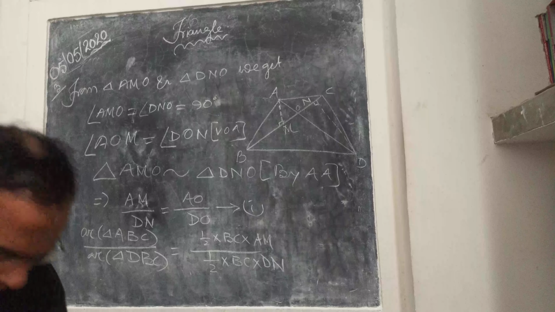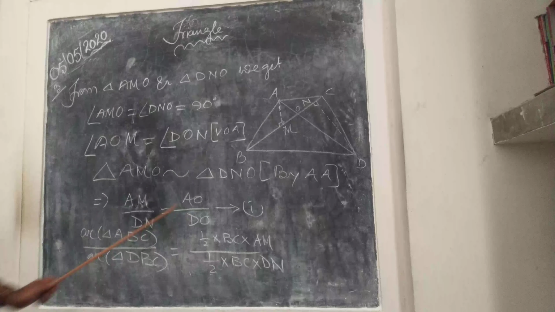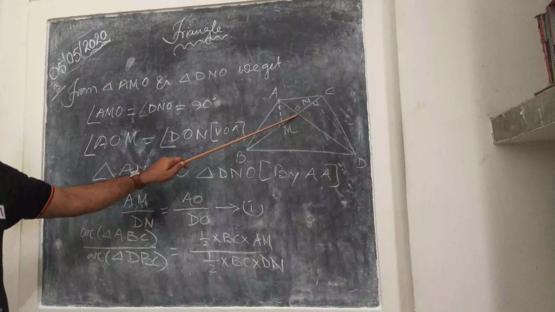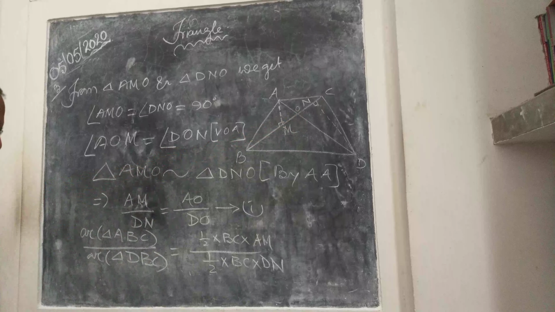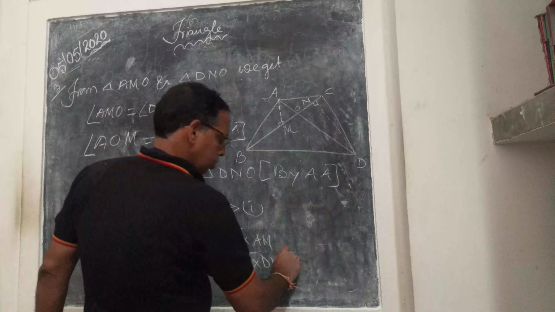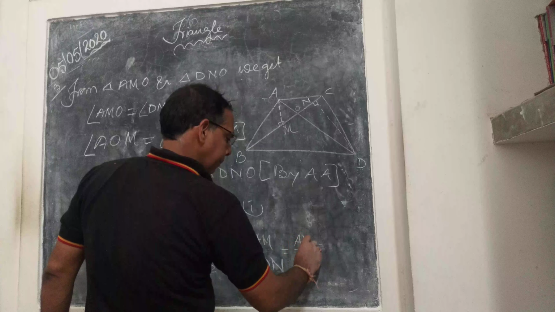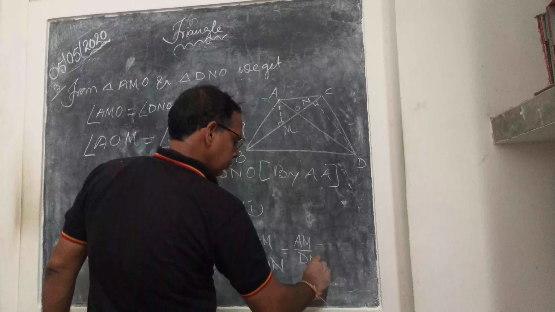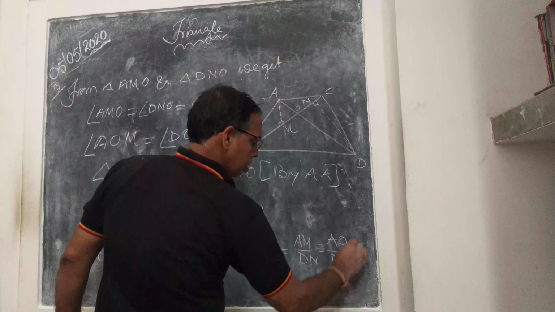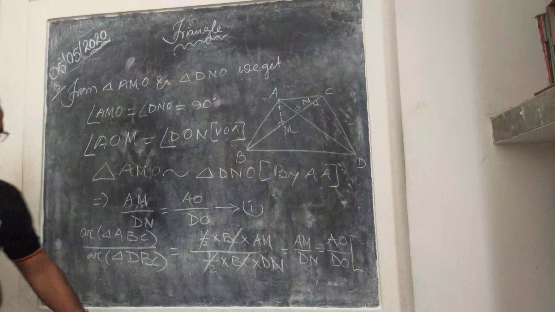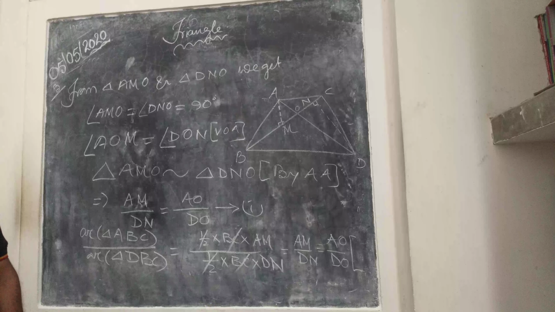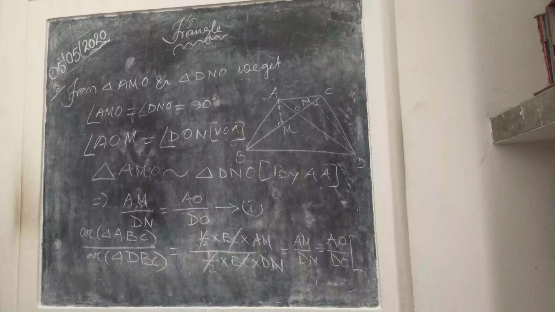You see one thing: for area of triangle ABC this is the base, and for area of triangle DBC this is the base, so only the altitudes are different. Cancel BC. So AM by DN equal to AO by DO using 1. Got it? So this is question number 3.